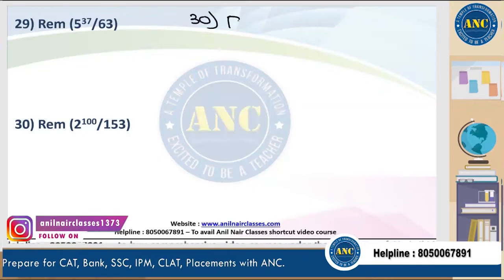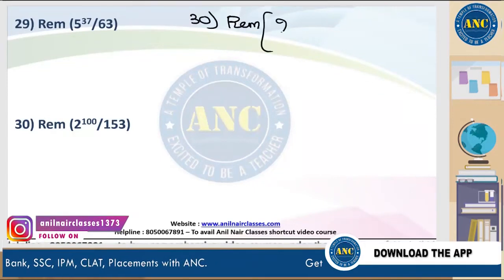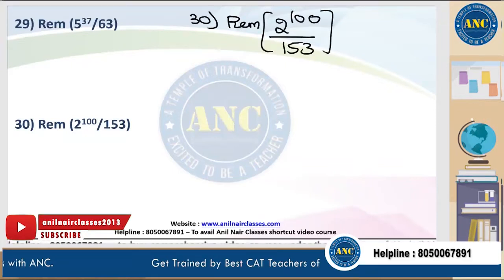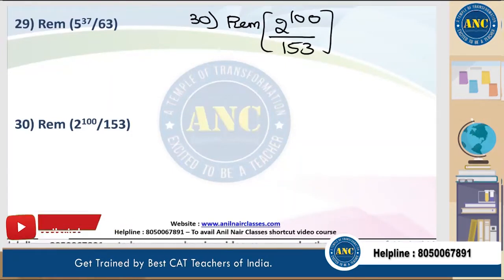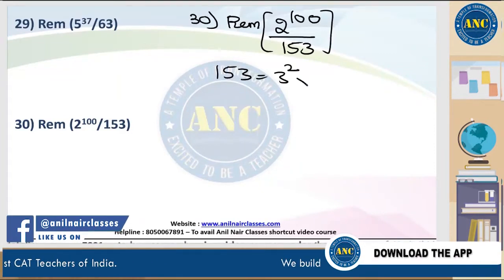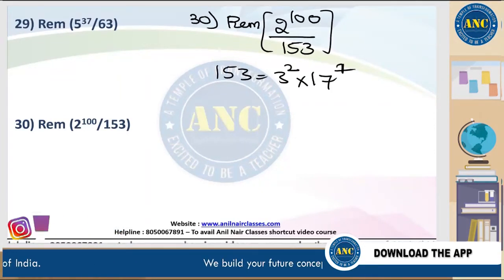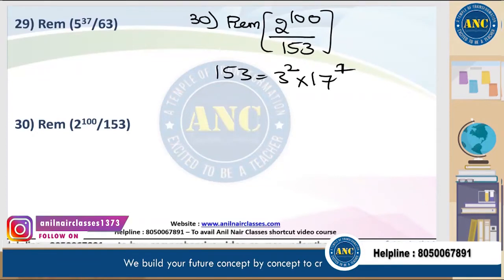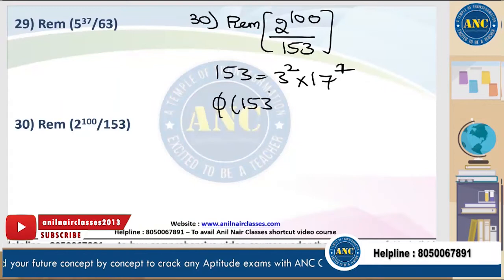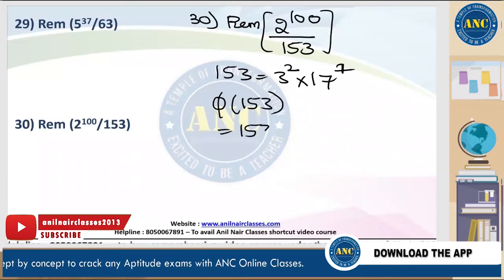30th one. Remainder when 2 power 100 is divided by 153. 153 is a composite number. So it is nothing but 9 into 17. So the quotient function of 153 is nothing but n into.